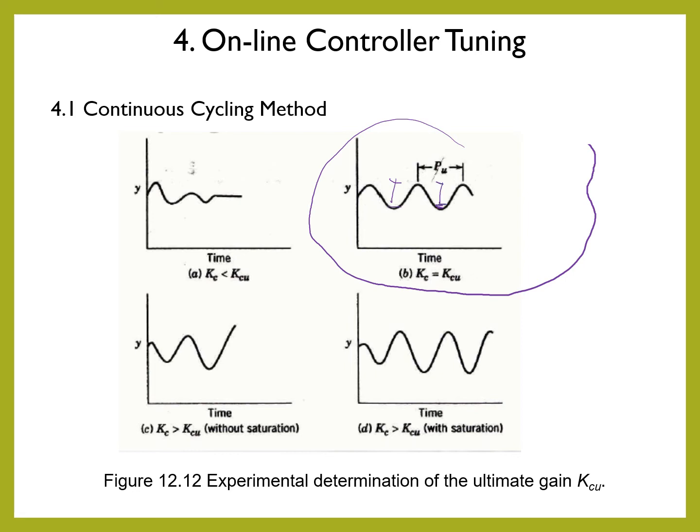As you can see, from here to here is your period. This period is called the ultimate period, and the Kc value that produces this sustained oscillation is called the ultimate gain, or Kcu.